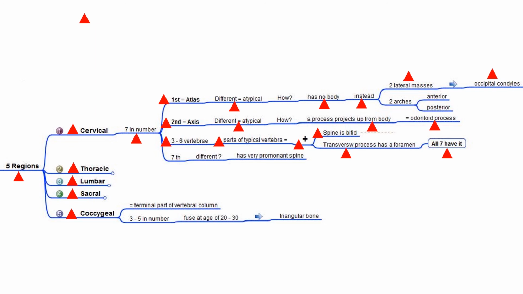The foramen in the transverse process is present in all 7. Now, the 7th cervical vertebra is also a bit different. In what way? It has a very prominent spine, and you can feel it under your skin if you go and feel the back of your neck lower down.